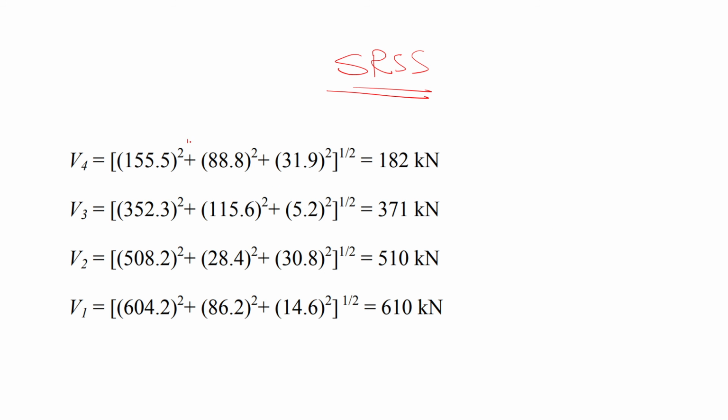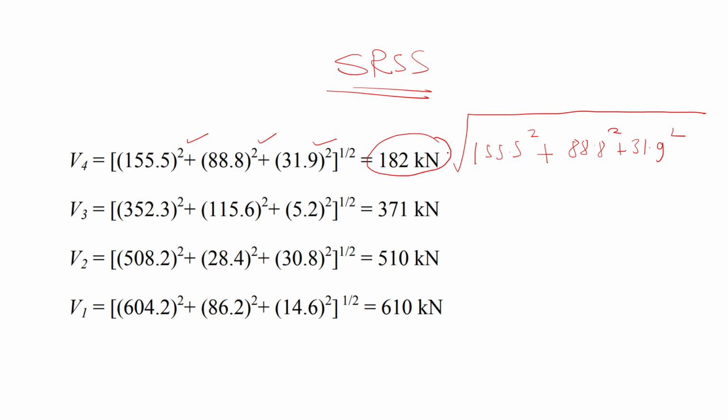So square these values and take the square root, meaning 155.5 squared plus 88.8 squared plus 31.9 squared. So you will get this shear.